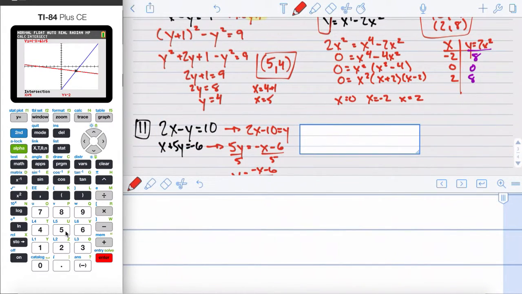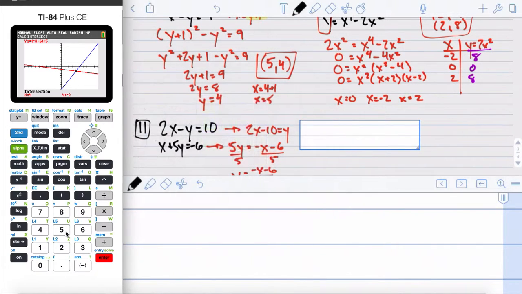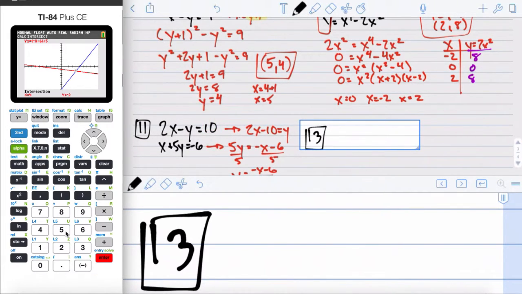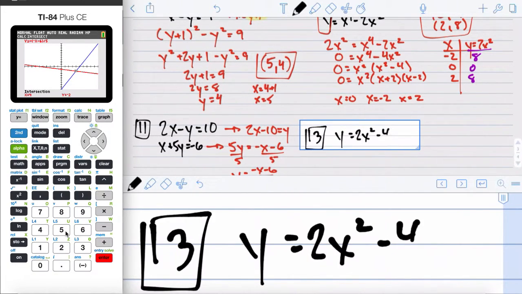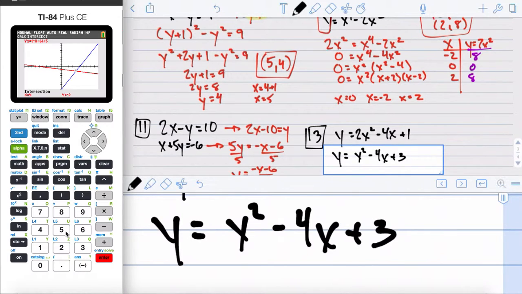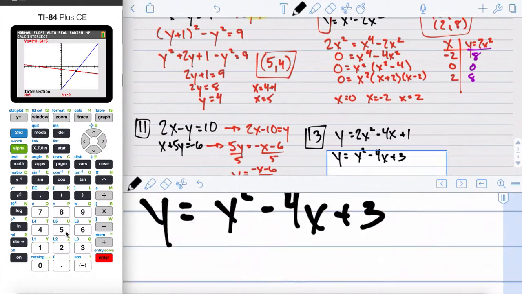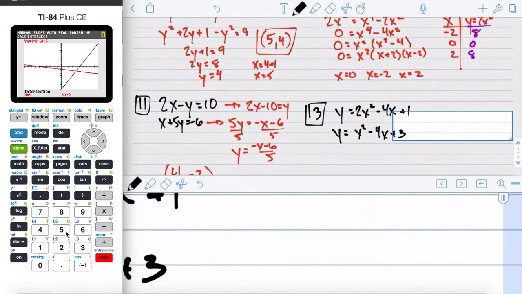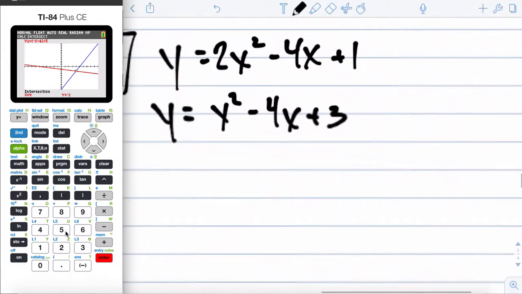Let's look at 13. Y is equal to 2x squared minus 4x plus 1, and y is equal to x squared minus 4x plus 3. Thankfully, y is by itself in both of them already. So I just need to go to the calculator and plug those in.